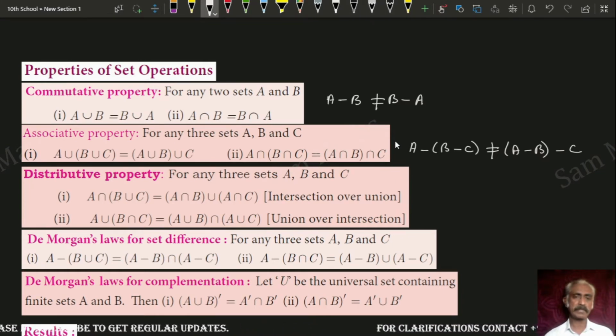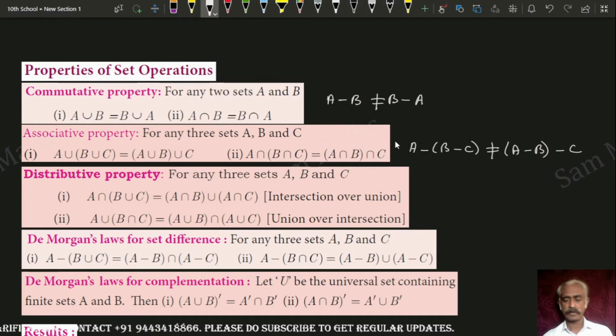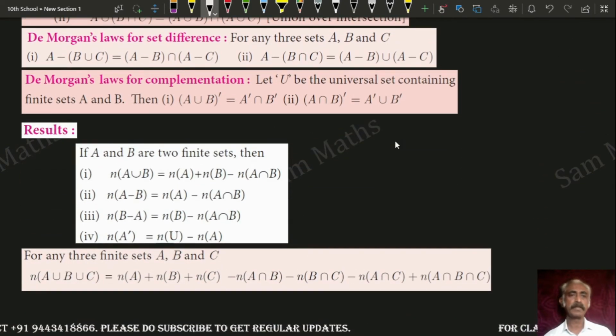Next is De Morgan's laws for complementation. That is, (A union B) whole dash is equal to A dash intersection B dash. And the second one is (A intersection B) whole dash is equal to A dash union B dash. Clear, children? And some results you have to recall.